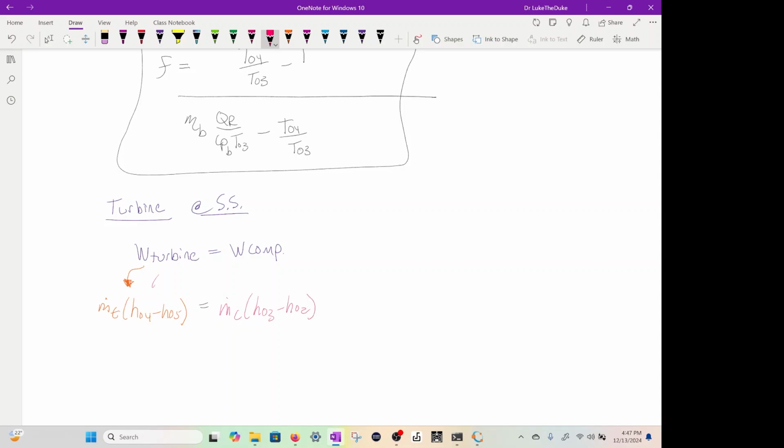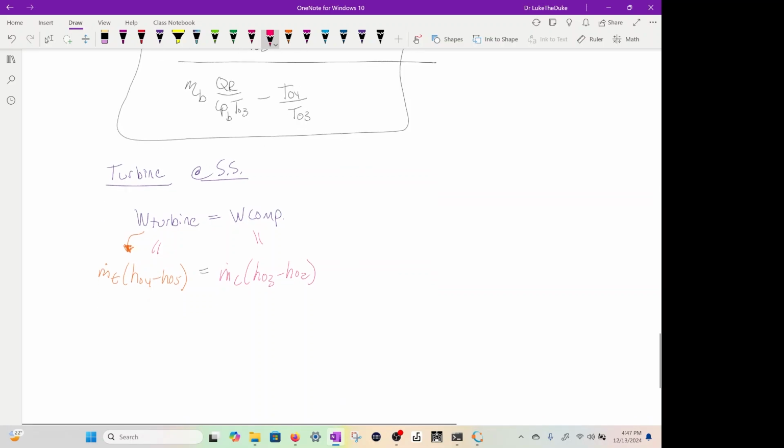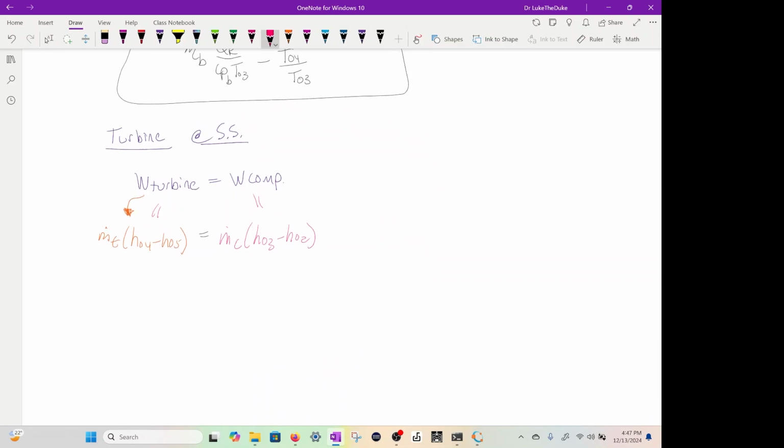So these two will equal each other. And these are found if you just analyze the compressor and did the energy balance on it. Now, if you change these, this could be m dot T of the turbine, and then this is CPT T naught 4 minus T naught 5 equals m dot C of CP of the compressor.